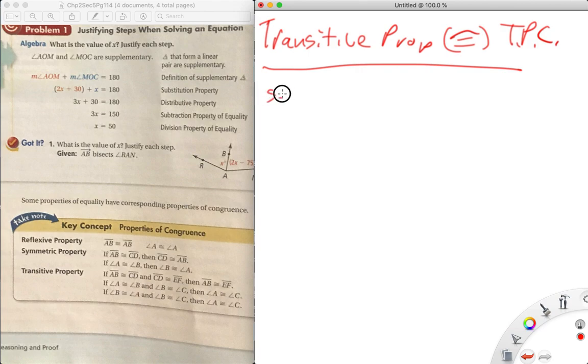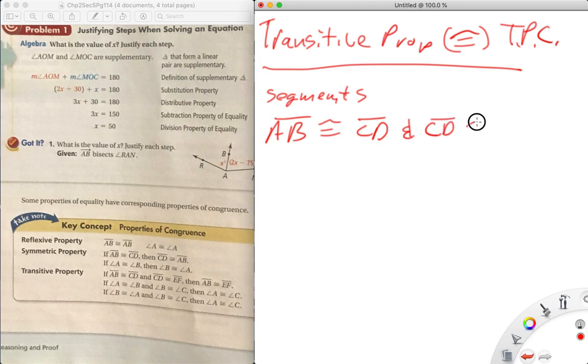So for segments, segment AB is congruent to segment CD, and segment CD is congruent to segment EF. Then segment EF is congruent to segment AB. If A equals B and B equals C, then A equals C.